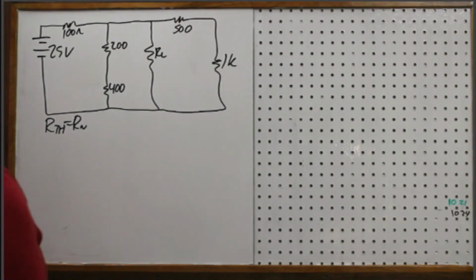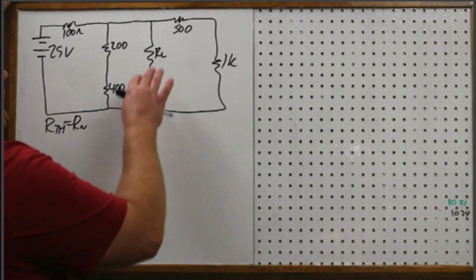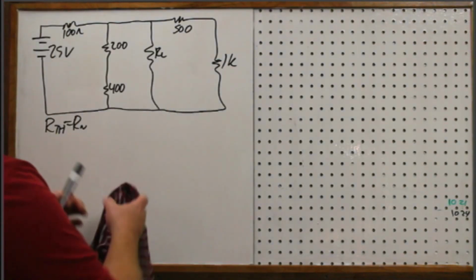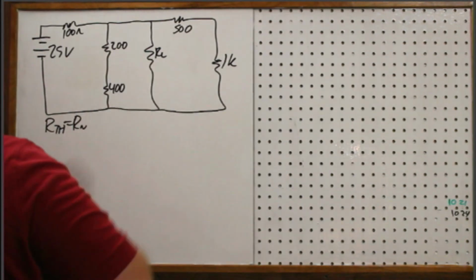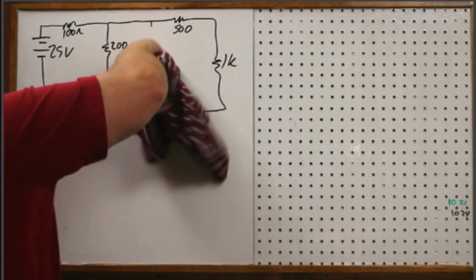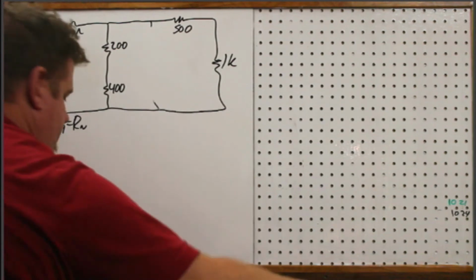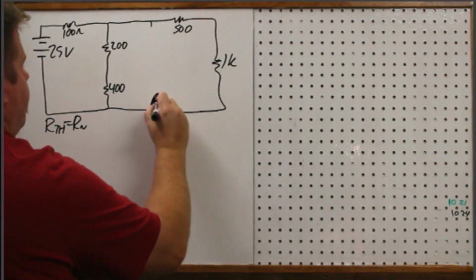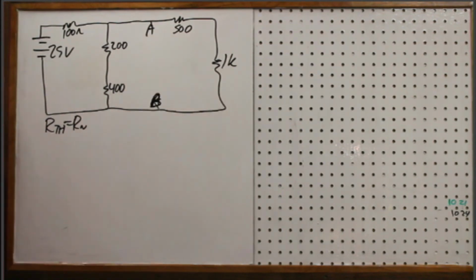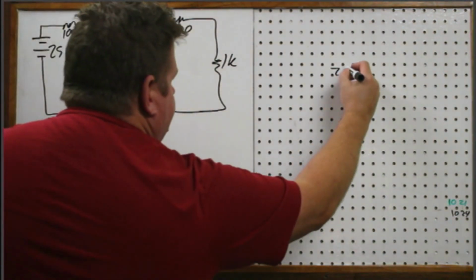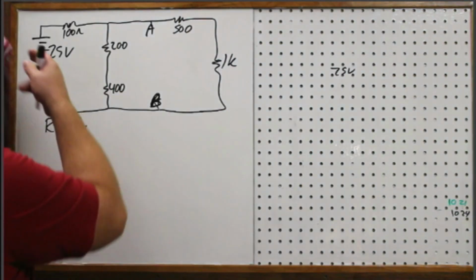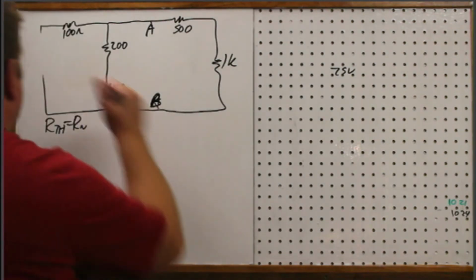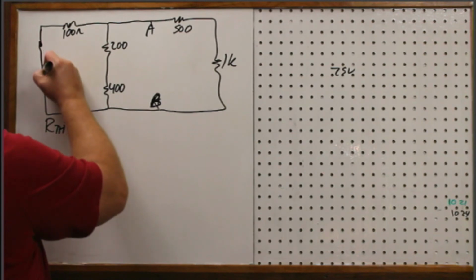So anyway, to do that, I had to take the load resistor out. We haven't even talked about what the load resistance is yet, but I'm going to go ahead and scrub that. Now here's the terminals. This is B, and this one will be A. I'm going to short the 25 volt source, and show that it's been shorted here.